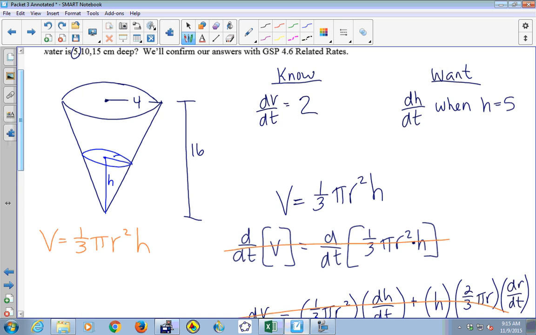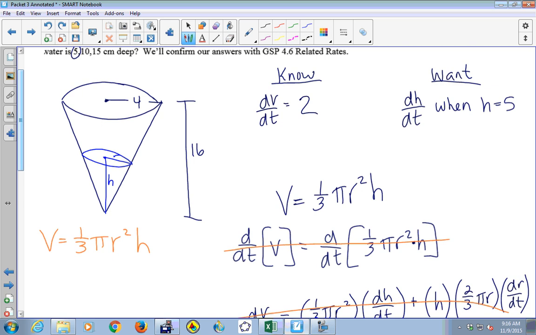The radius at the top is related to the height of the whole thing, right? How so? 1/4 of the height. It's a 1/4 of the height, yeah. Or you could rewrite the height as 4 times the radius, right? But h is the variable I want to keep in this equation because h is the rate that I know about, right? So I'd like to get rid of r.